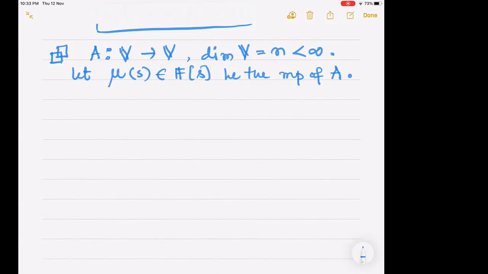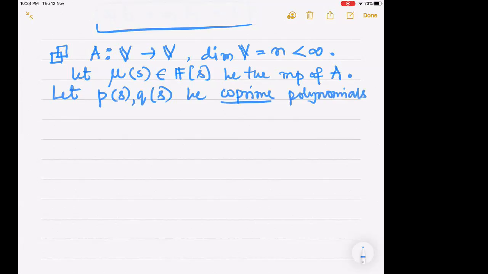Now let P(s), Q(s) be co-prime polynomials such that mu(s) is equal to the product of P(s) and Q(s).